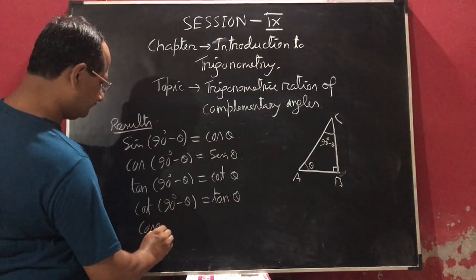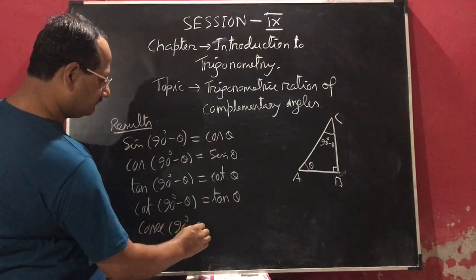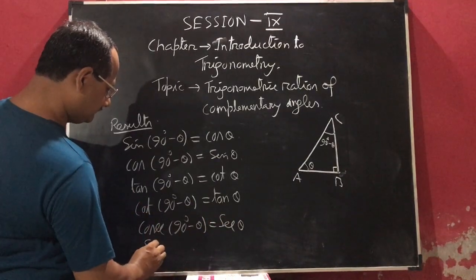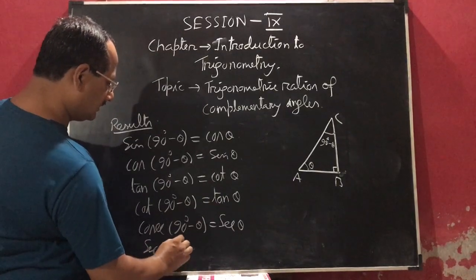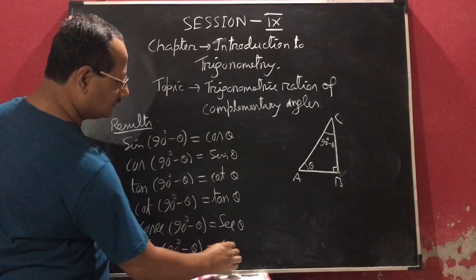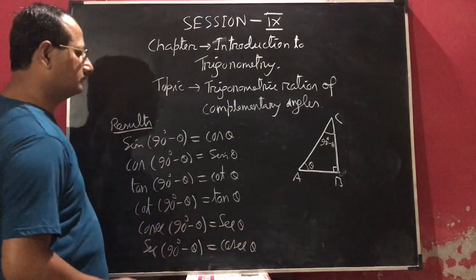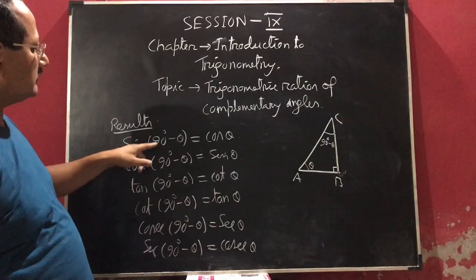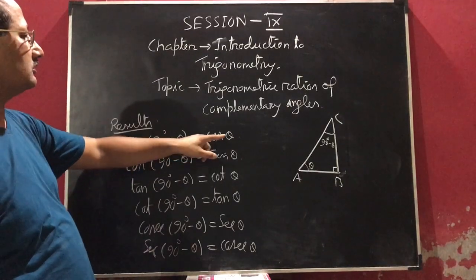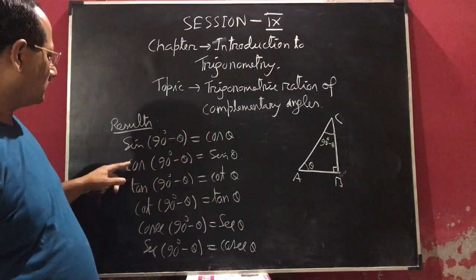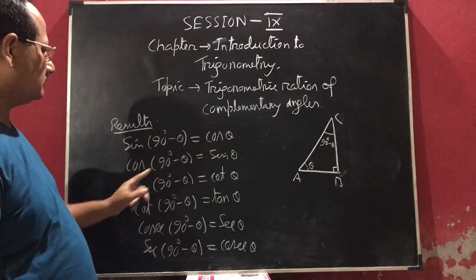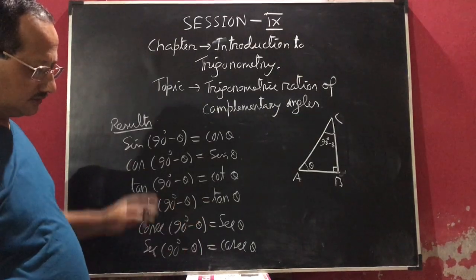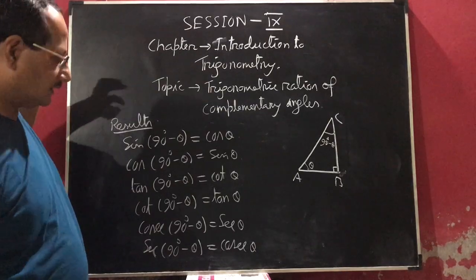Cosec of 90 minus theta is equal to sec theta. Sec of 90 minus theta is equal to cosec theta. These are the results. Sin changes to its co-ratio cos, cos changes to sin, tan changes to cot, cot changes to tan, cosec changes to sec, sec changes to cosec. Okay.